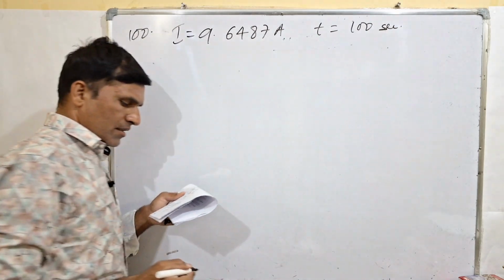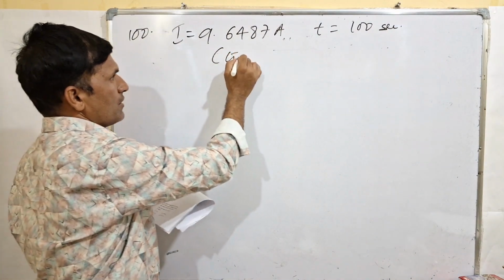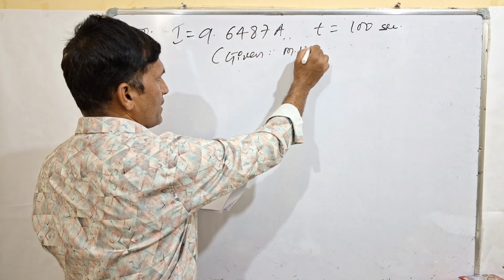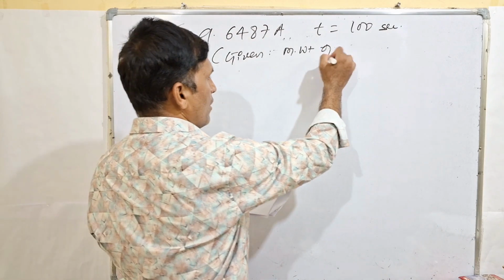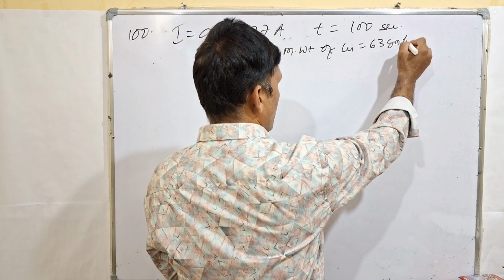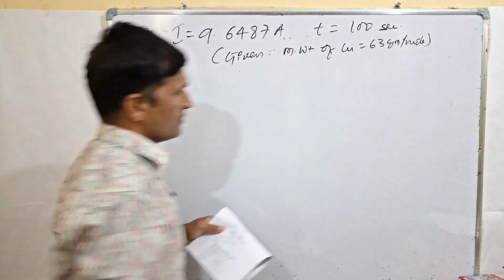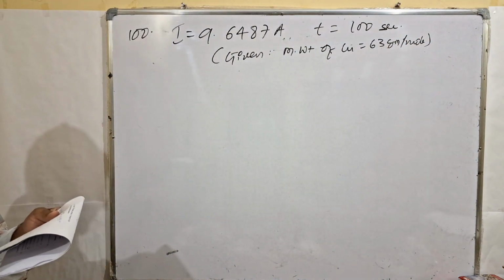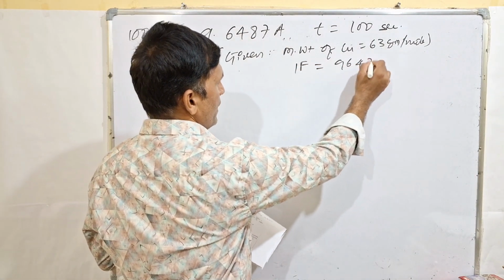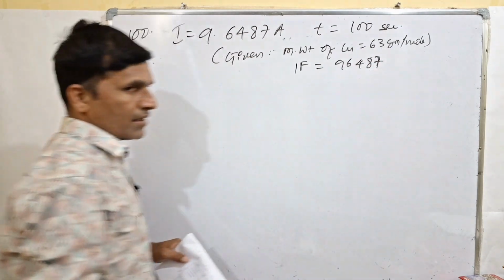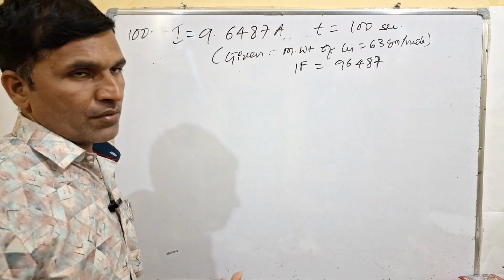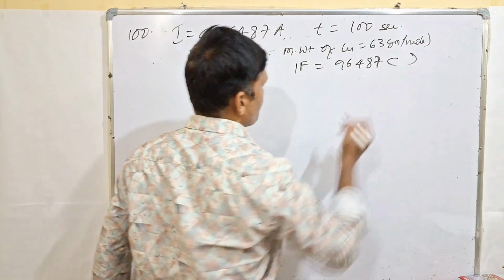And they have given the molecular weight of copper as 63 grams per mole, and 1 Faraday is equal to 96487 coulombs, it is being given. That only you have to take, otherwise you would take 96500.